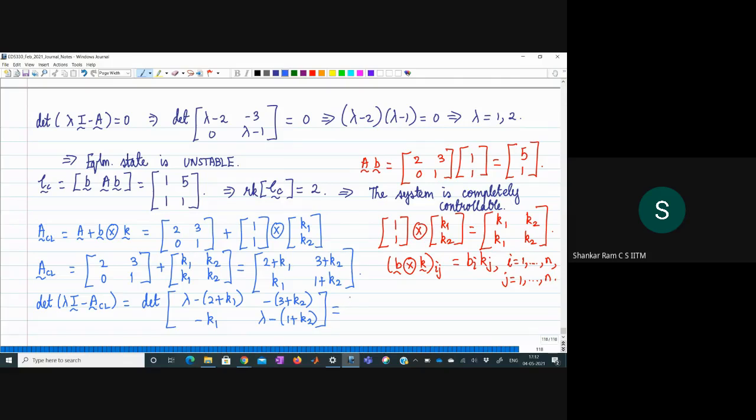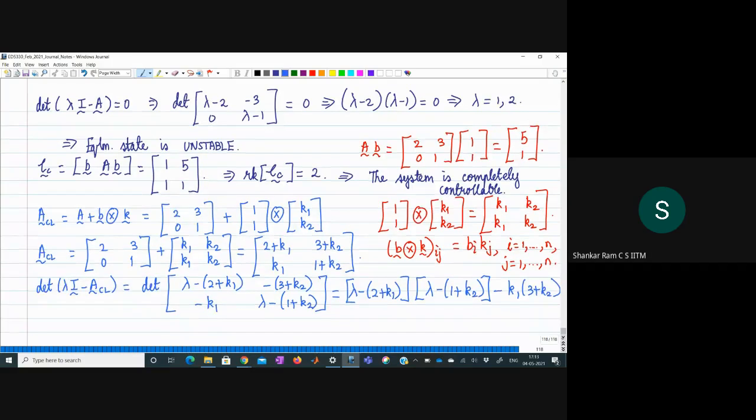If we cross multiply, lambda minus 2 plus K1 times lambda minus 1 plus K2 minus K1 times 3 plus K2.